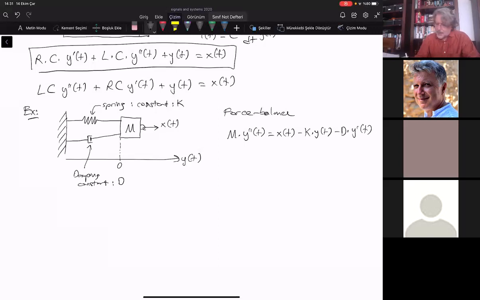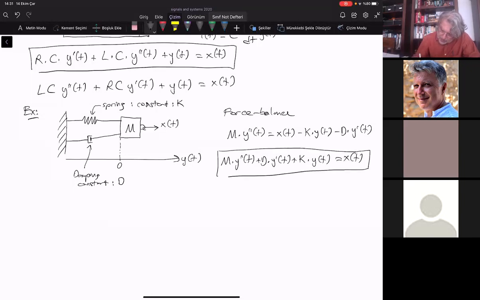So that's it. Let's now combine all the terms related to y of t at the left-hand side, and it will give me m times y double prime of t plus d times y prime of t plus k times y of t is equal to x of t. Look at that.